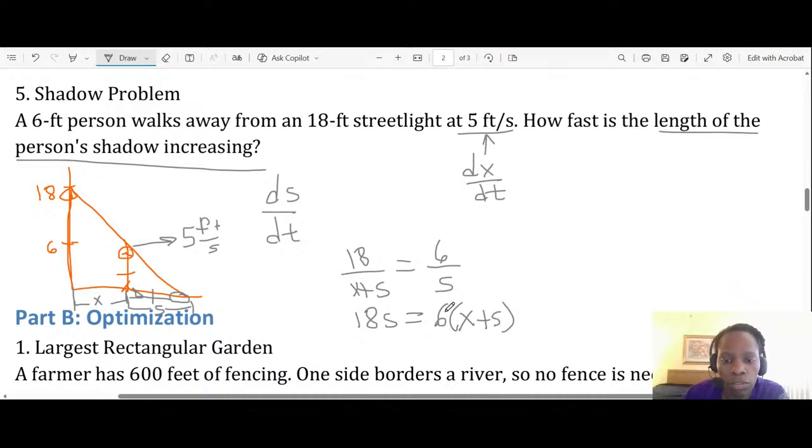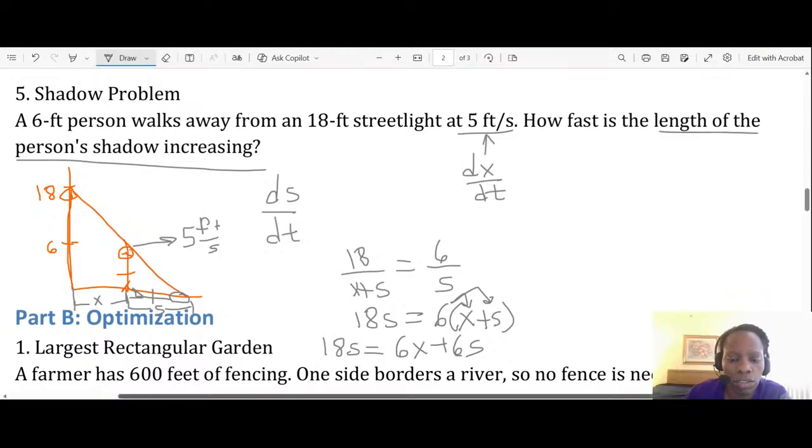If we distribute the 6, we're going to get 18s is equal to 6x plus 6s. Subtract 6s so we can combine like terms.